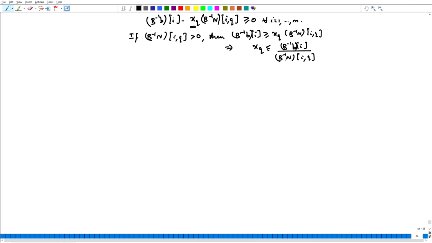I can do the division because B inverse N of (i, q) is positive. I cannot do that if it is negative, because the sign will flip. But what happens if B inverse N of (i, q) is less than 0?